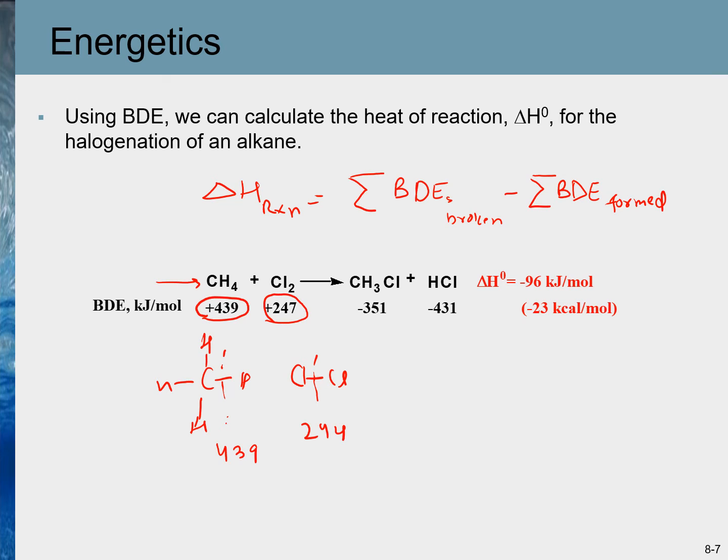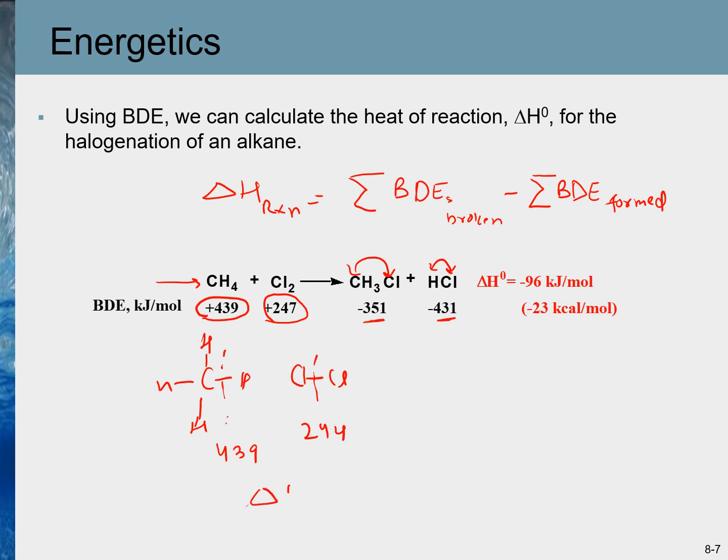Similarly, the new bonds which will form will be between carbon and chlorine and hydrogen and chlorine. And the bond dissociation energies are 351 for carbon-chlorine and 431 for hydrogen-chlorine.